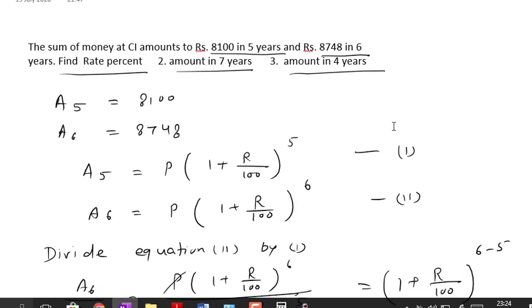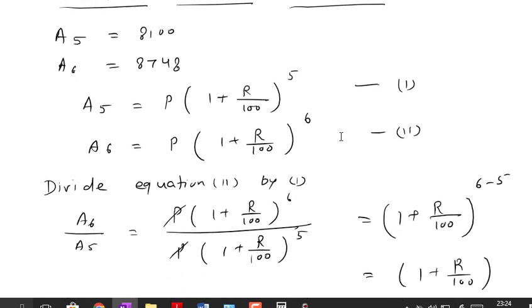So the amount after 6 years will become the principal for the amount after 7 years. That way we can do it, or we can find the value of P.